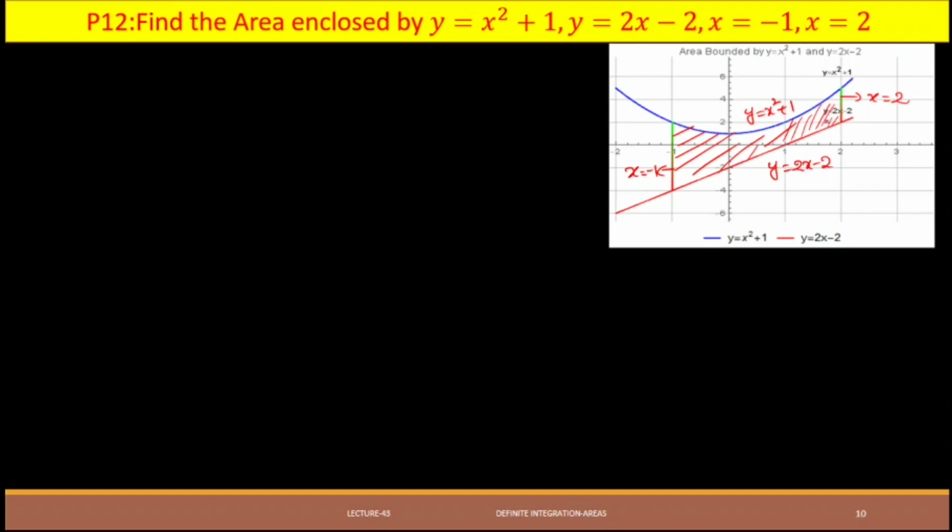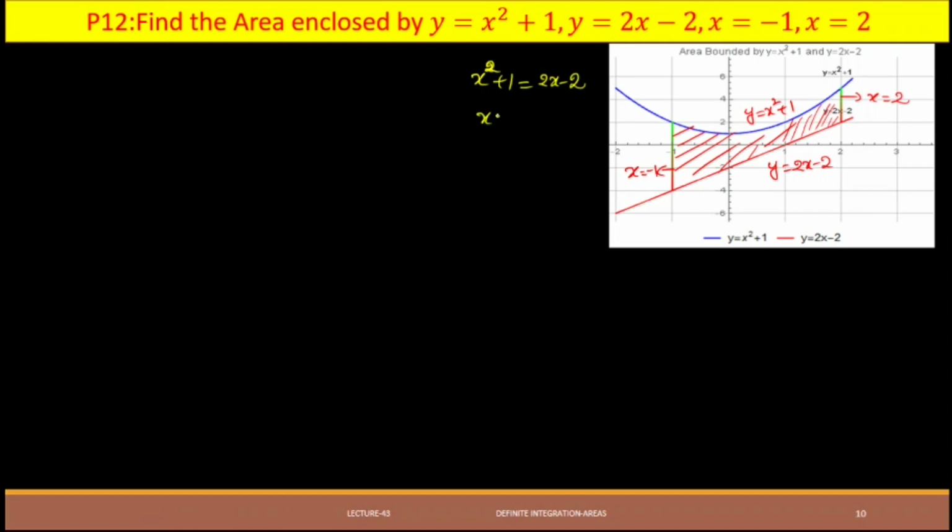I think these two curves are not intersecting at any point. How to know whether they intersect or not? Let me equate them. If at all they intersect, x square plus 1 is equal to 2x minus 2.